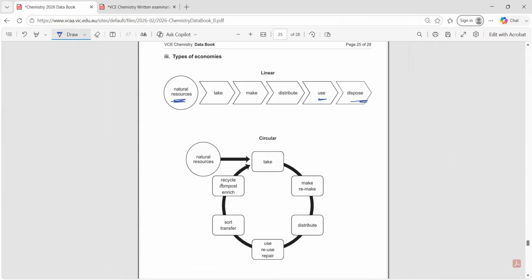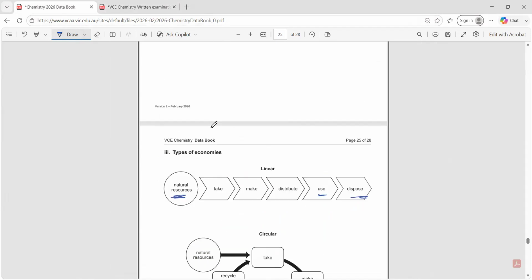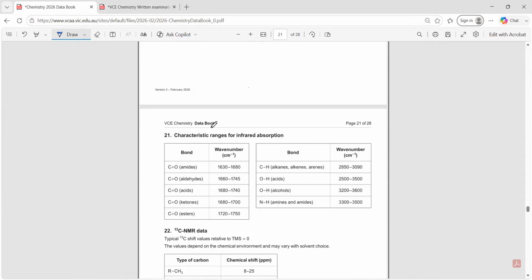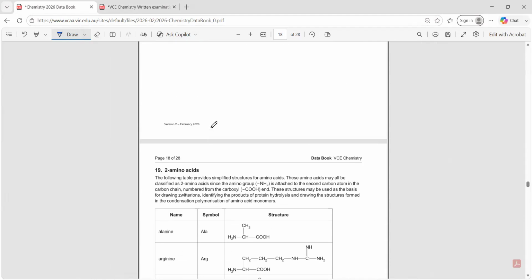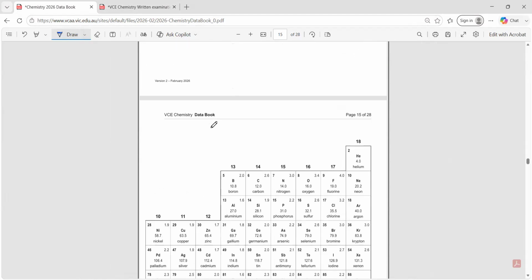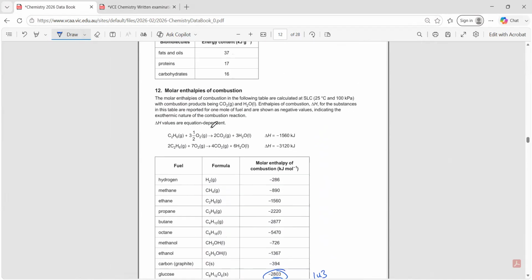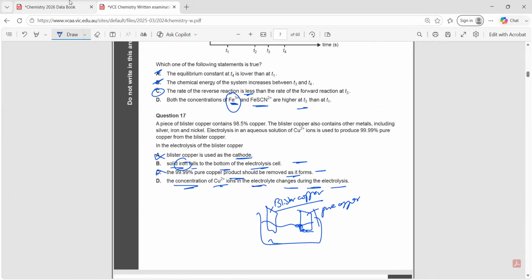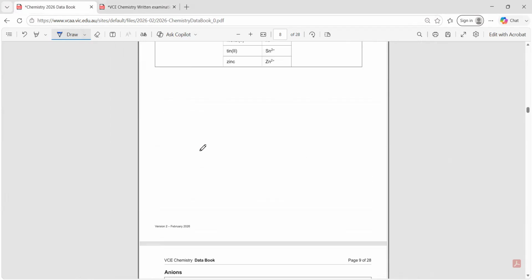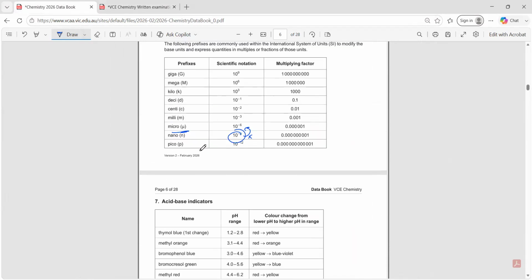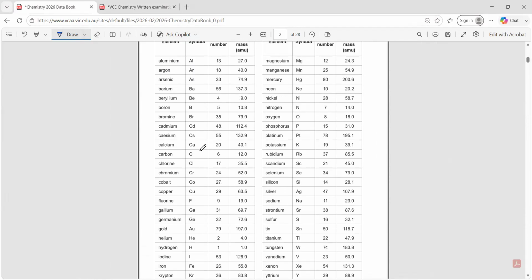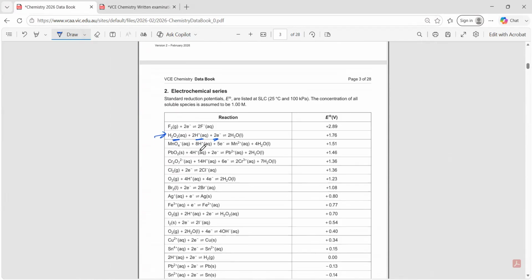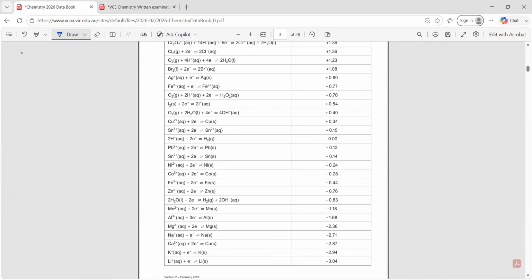So we've got silver, iron, and nickel. So we're looking at ones that would oxidize the most. Silver, iron, nickel. So we've got silver, which is all the way there.